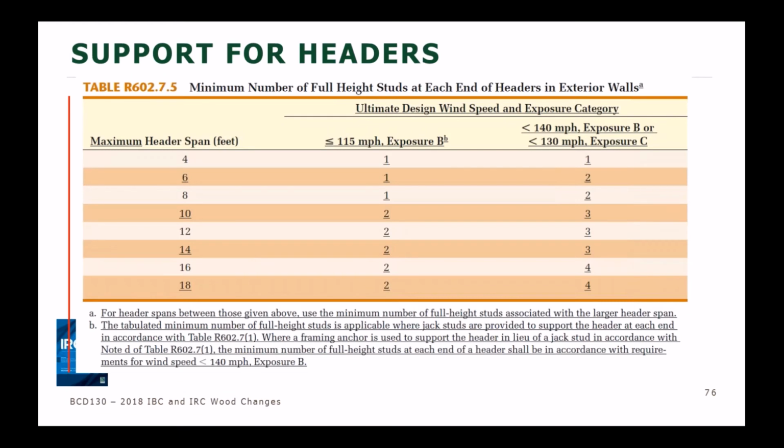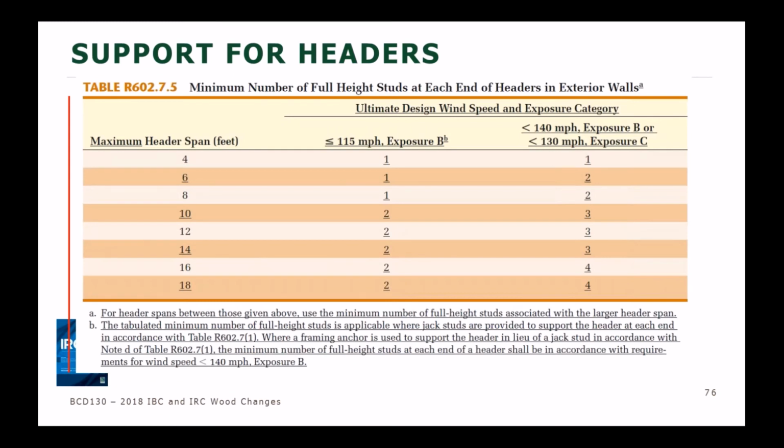But if I'm in 130 miles per hour or less and exposure category C, so that's basically 115 or 110 miles per hour exposure category C, now for an 8-foot span, I need 2 king studs at each end of that header. So that's the intent, is just to stiffen up the wall by adding some more king studs as needed for those longer spans.